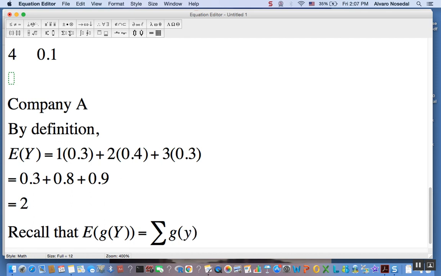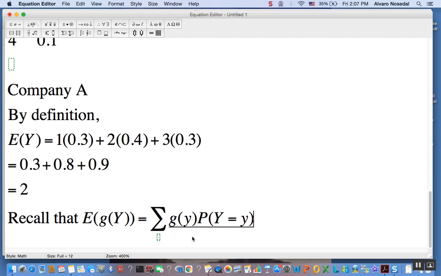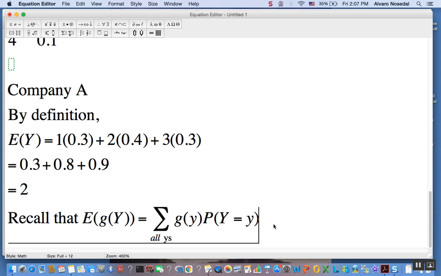Compute that transformation for each of the possible values, multiply by the corresponding probability of observing that particular value of y, and do the sum for all y's. Make sense? Remember? Right? Okay.